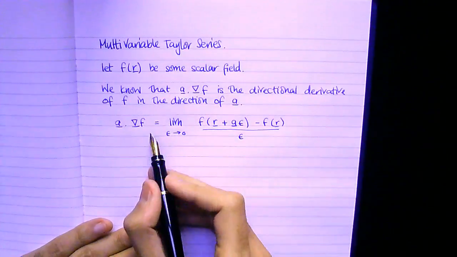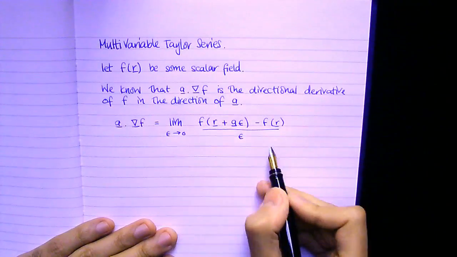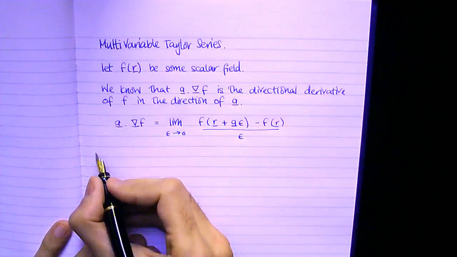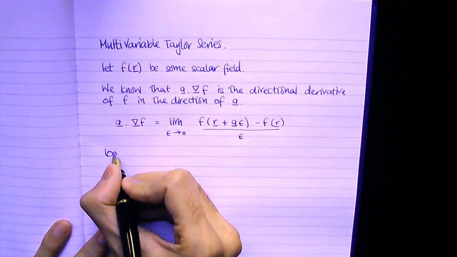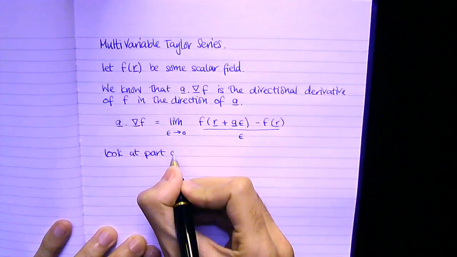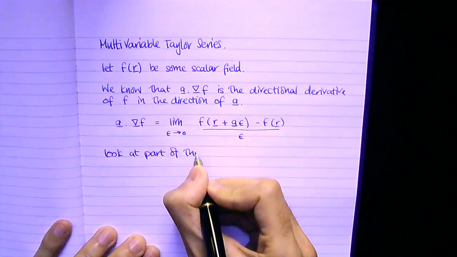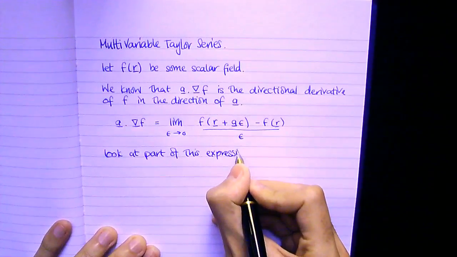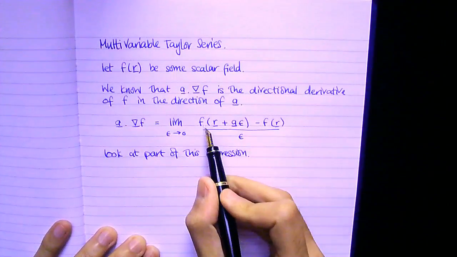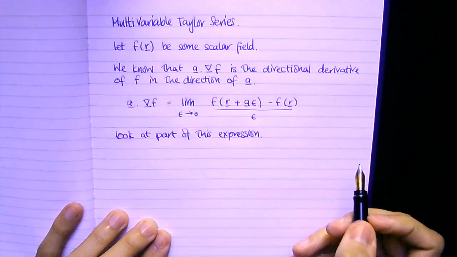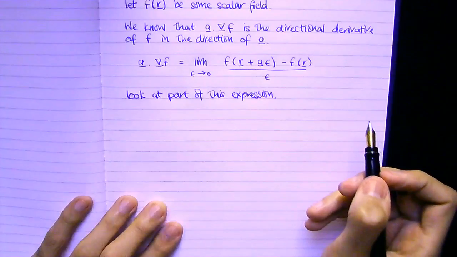So what we want to do is work out exactly what this is. We're going to consider just part of this expression. Specifically, we're going to look at this first term here, in a bit more detail.